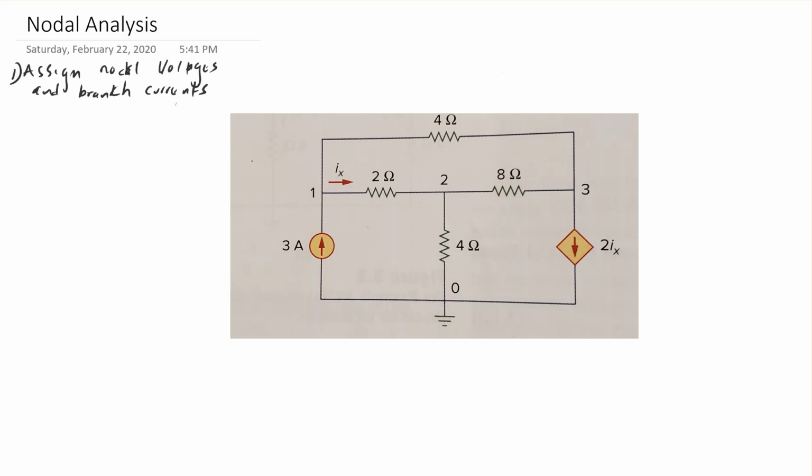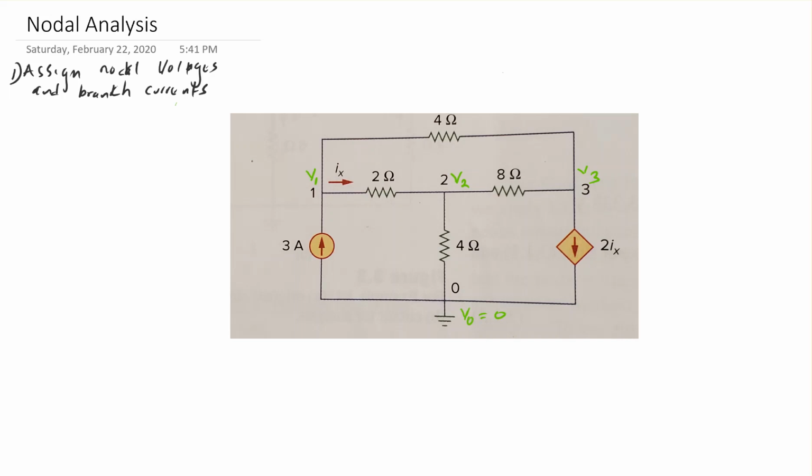Node 1 here, we're going to be assigning V1, node 2, V2, node 3, V3, and the last node, called V0, is grounded, so we have a 0 voltage here, right?